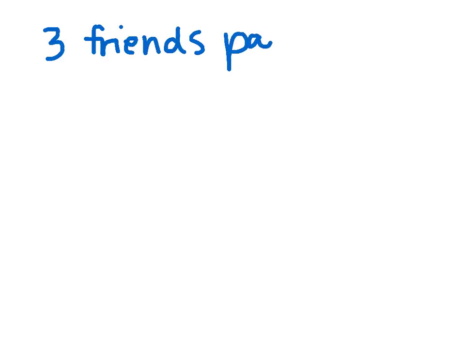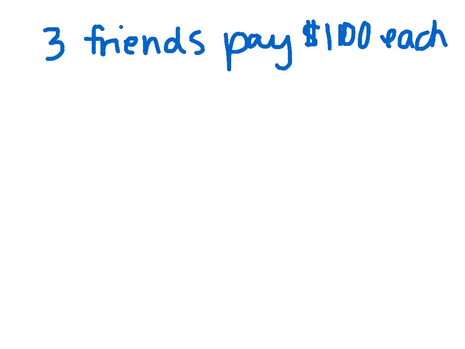So a word problem might say, 3 friends, it's just like our word problem of the day. 3 friends on a fishing trip pay $100 each to share the rent of a cottage. The cost per person varies inversely.